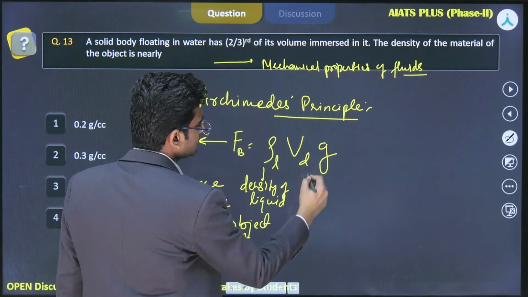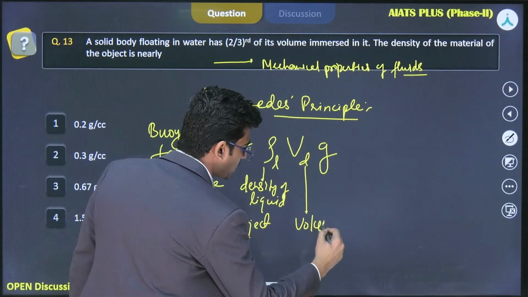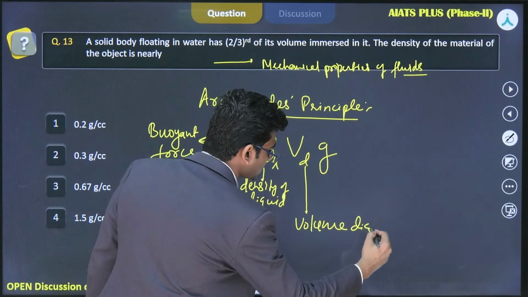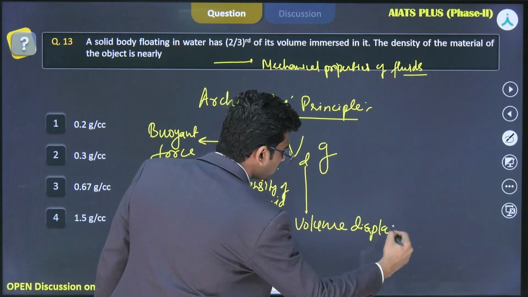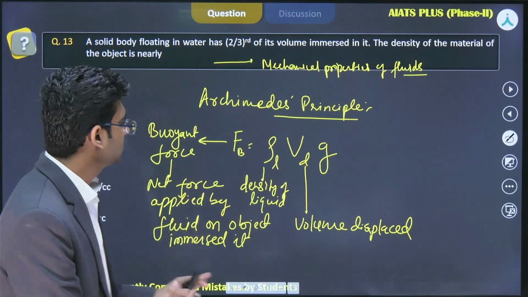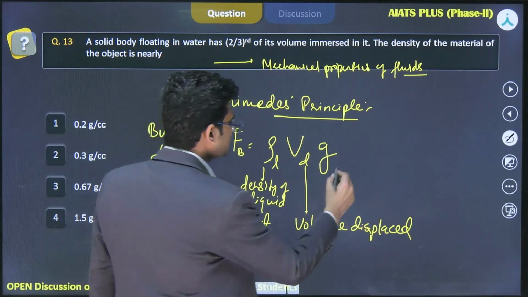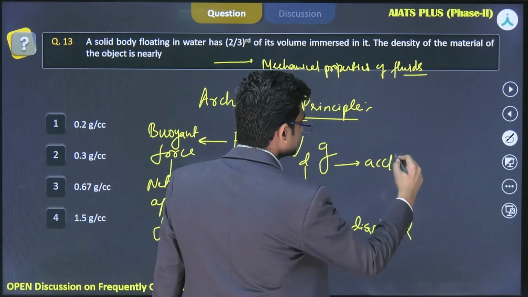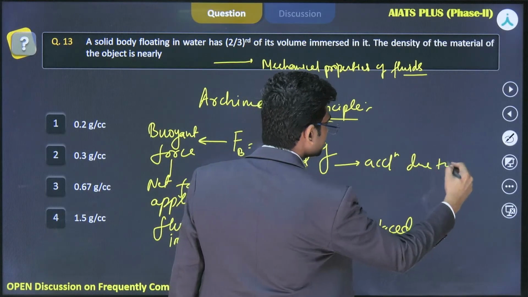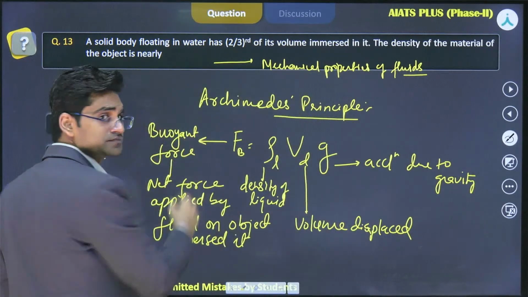This is VD, the volume displaced by the object of the liquid. This is not the volume of the object. G is obviously acceleration due to gravity. So these are the three terms on which buoyant force depends.